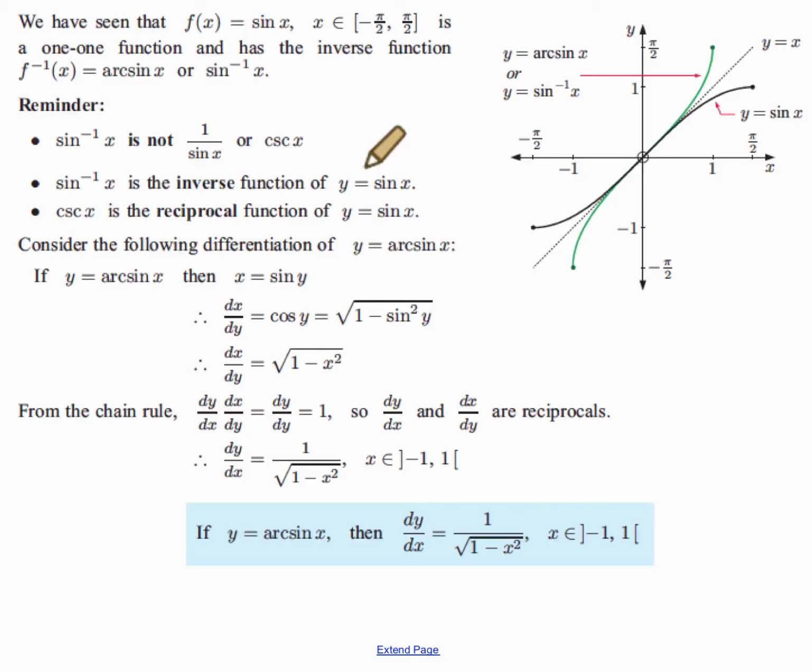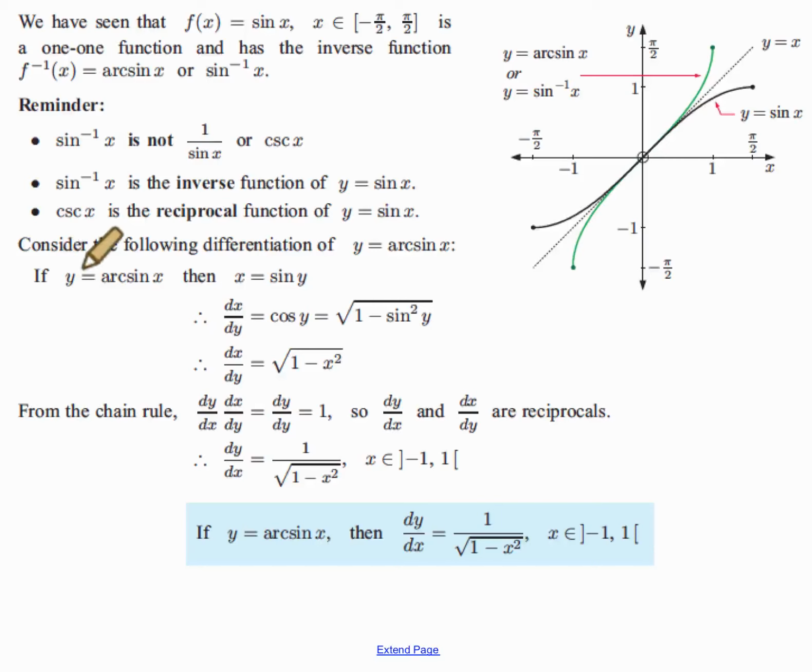Or what's the cosine of pi over 3? Well, with the inverse sine, the arc sine, you are given the ratio, and then you're finding the angle. For example, the arc sine of the square root of 3 over 2 is pi over 3, because the sine of pi over 3 is square root of 3 over 2.